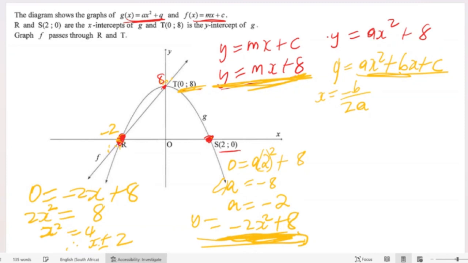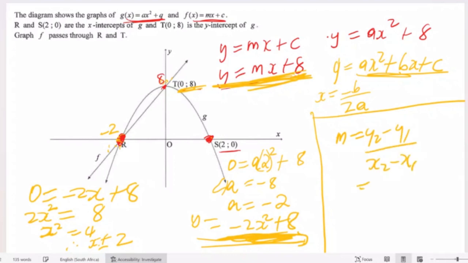We're looking for m. You can get your gradient because you've got 2 points. So to find your gradient, m is equal to y2 minus y1 over x2 minus x1.